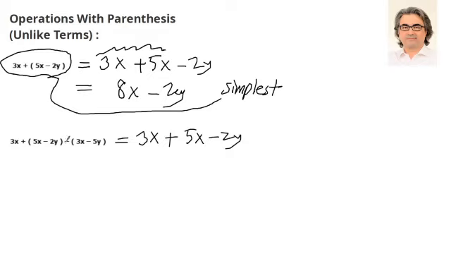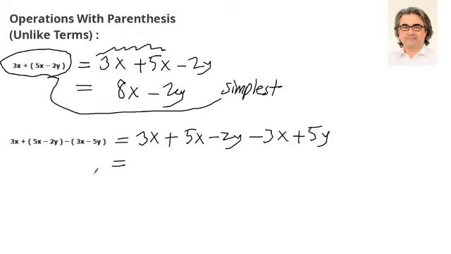So I should change the sign of each term in this parenthesis to remove the parenthesis. In parenthesis, I have plus 3x. I should write here minus 3x. And in parenthesis, I have minus 5y. I should write here plus 5 times y.